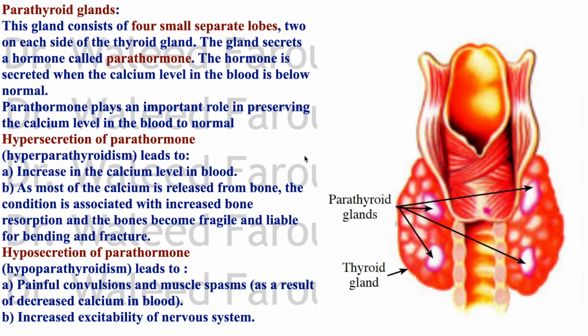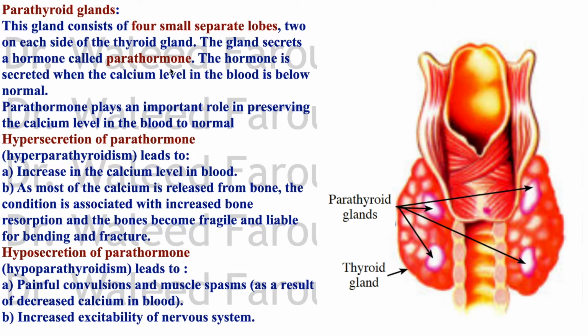Now, other glands called the parathyroid glands are 4 glands. They are present on each side of the thyroid gland, as you can see here. These are the parathyroid glands. We have superior parathyroids, inferior parathyroids. They are at the side of the gland posteriorly, at the back of the gland, and they secrete the parathormone hormone.